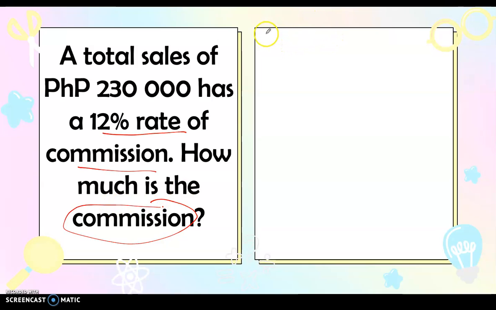Then we are going to follow this. Since commission is a percentage, the base is 230,000 times the rate of commission, which is 12%, or 0.12. We multiply 230,000 times 0.12.